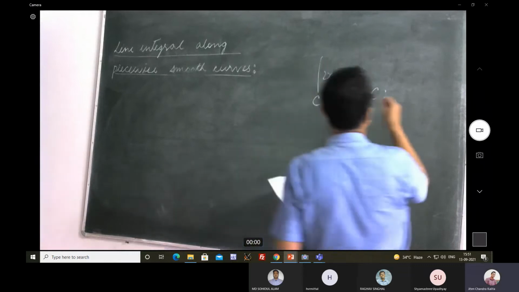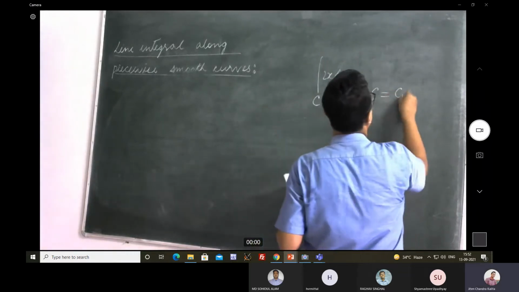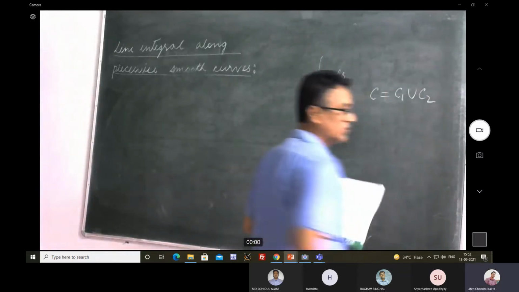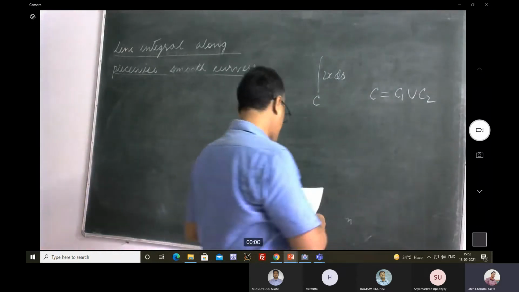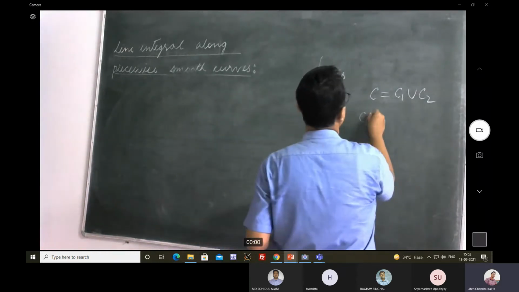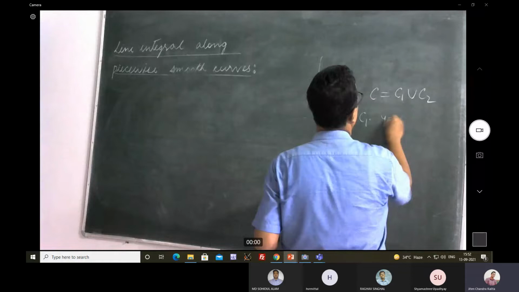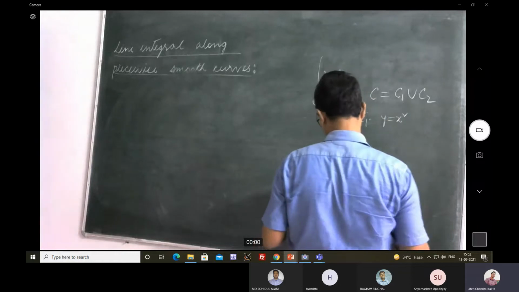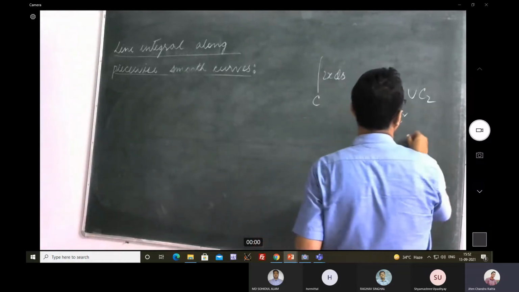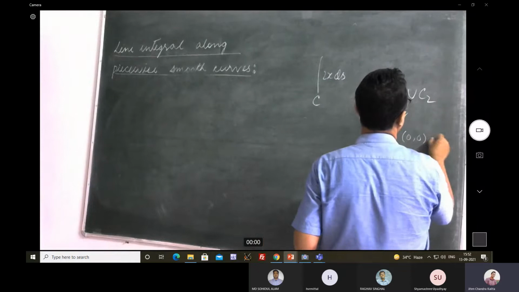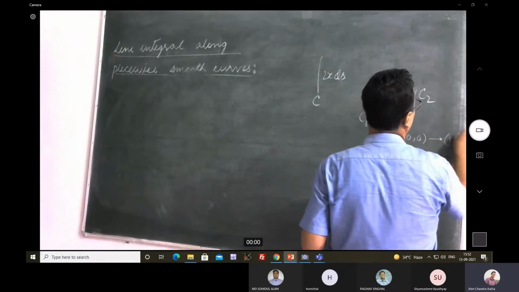C is nothing but the union of two curves. The first curve C1 is the parabola y equal to x squared between the points (0, 0) and (1, 1).